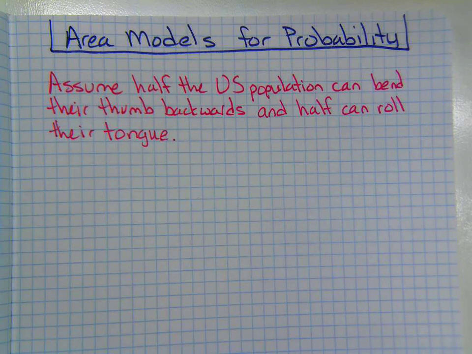So typical questions that might go with this is, what's the probability a person can bend their thumb and roll their tongue? And also, what's the probability a person has at least one of those traits? Both of those questions down.